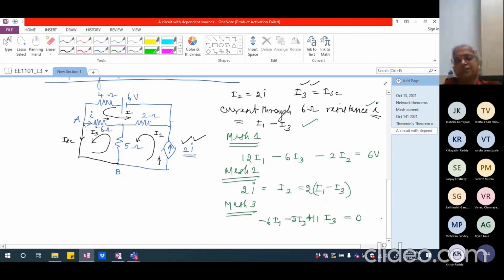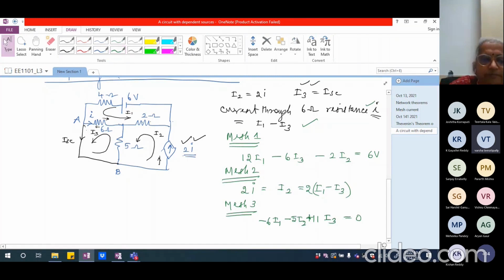That's it. This is the mesh 3 equation. So you should be able to use even mesh 1 and mesh 3 ultimately to arrive at your solution for I3, which is the short circuit current. So please try to work this out. We'll continue with this in the next class.